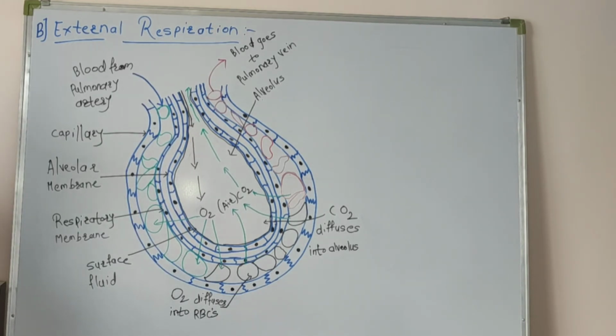Today we have seen external respiration with the help of this diagram, and in it we have seen how air enters our lungs, how oxygen gets mixed with our blood, and after that how carbon dioxide is carried out from the lungs.